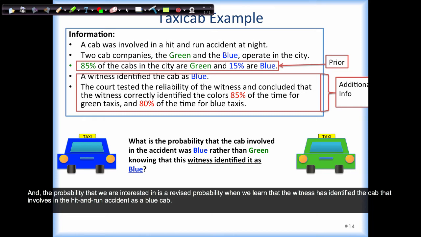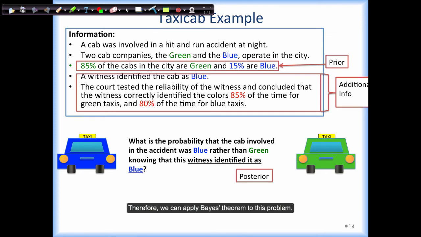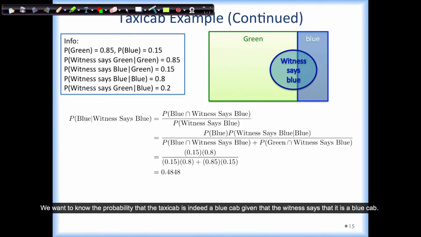And the probability that we are interested in is the revised probability when we learn that the witness has identified the cab that is involved in the hit and run accident as a blue cab. Therefore, we can apply Bayes' theorem to this problem. We want to know the probability that the taxicab is indeed a blue cab, given that the witness says that it is a blue cab.